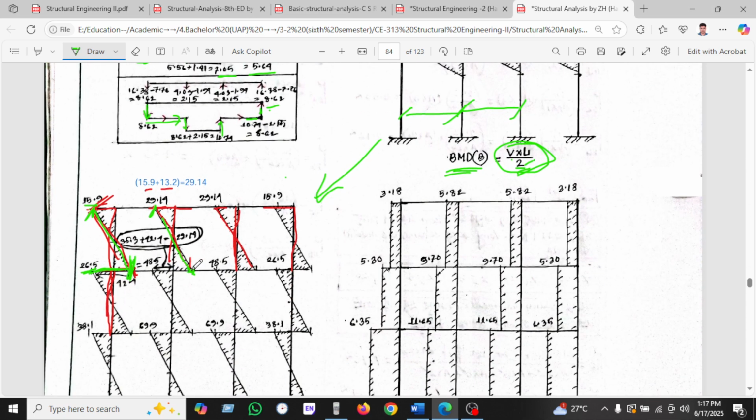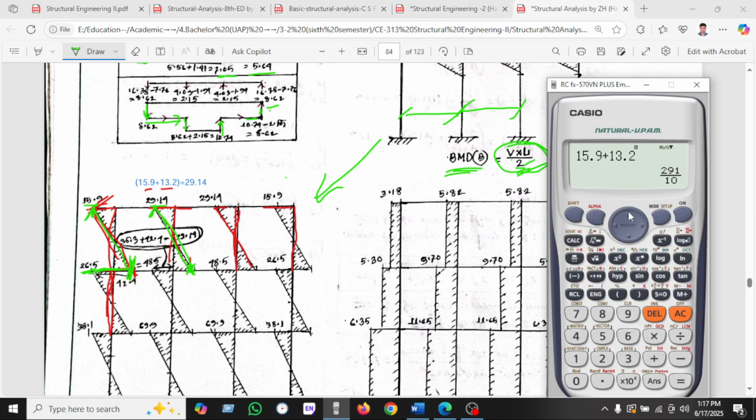So as we already have 29.5, 29.4 is here. So if we deduct 29.4 from 77.7, then how much will it be?